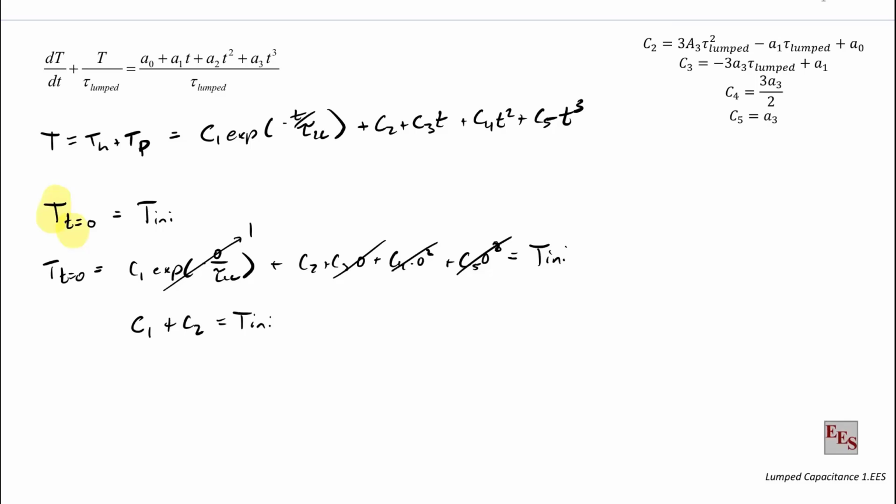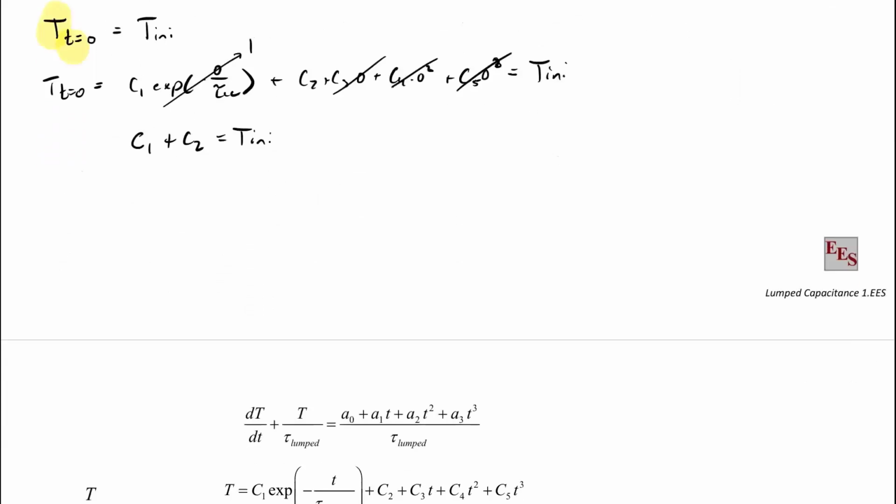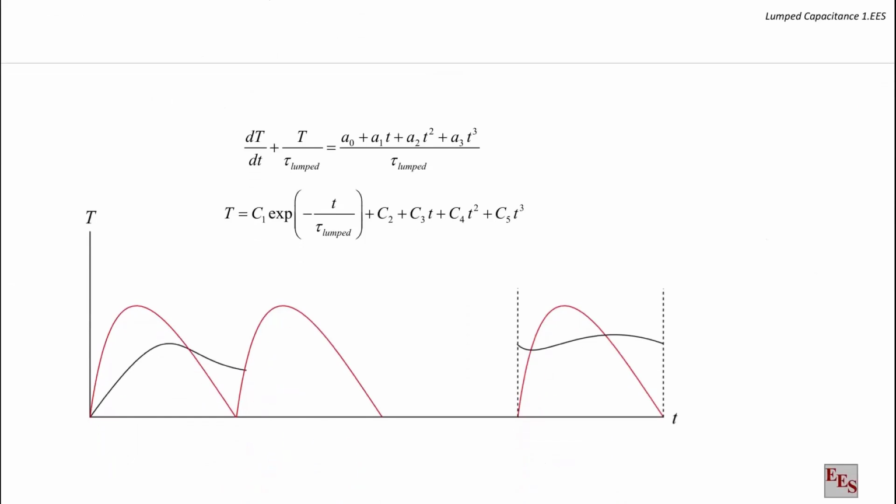Okay, so let's do something slightly different for the boundary condition. We have said now that our initial condition was t equals 0, but what happens if we have a situation where this little pulse of energy, this thing that we're trying to model as a function of time, is actually a repeating process? So you get this little burst that comes and goes, but it repeats on a cyclical timeline.